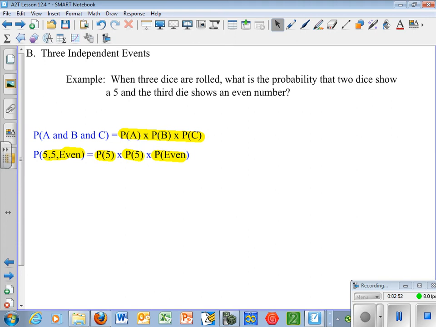And you're thinking about a standard die here. So there's one 5 out of 6. There's one 5 out of 6. And then an even is 3 out of 6. If you want to reduce that to a half right away, you could.